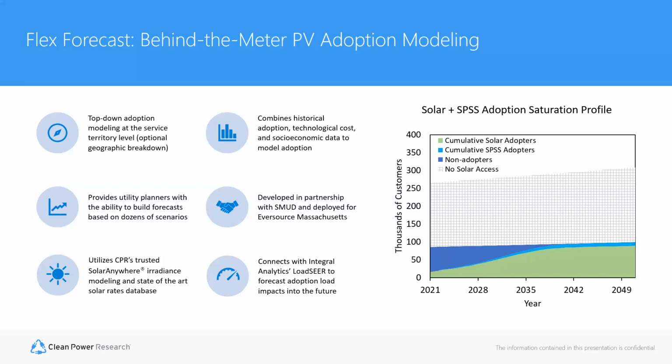And so this tool uses several of CPR's other tools. We use Solar Anywhere for all of the solar calculations, and we also use our state-of-the-art solar rates database for all of the economic payback type calculations. And this is really great because we can look at different rates, we can look at different solar tariffs.